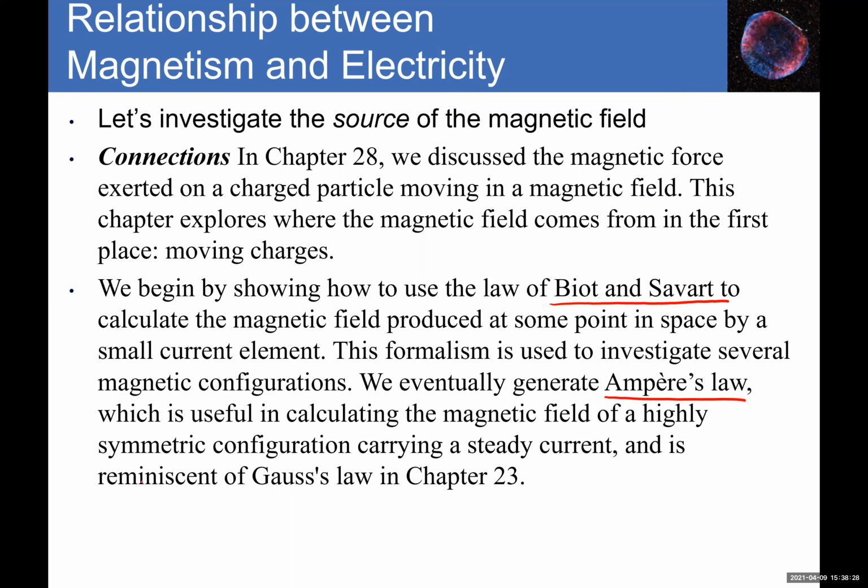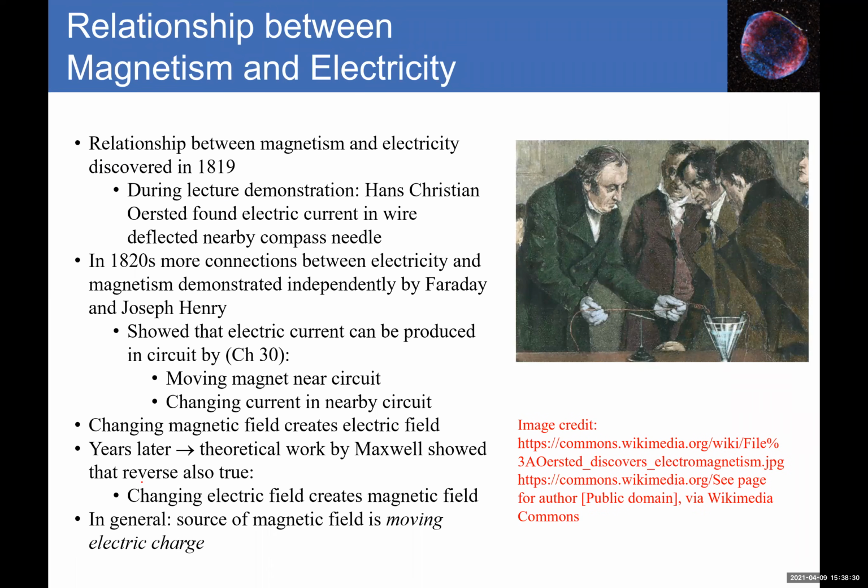All right. So let's look at a little bit of history behind the magnetic field and electricity relationship. Magnetism and electricity were considered completely different branches of physics for a very long time.